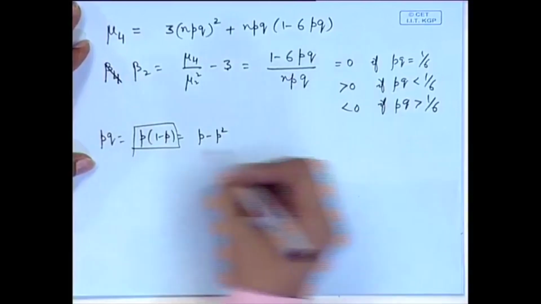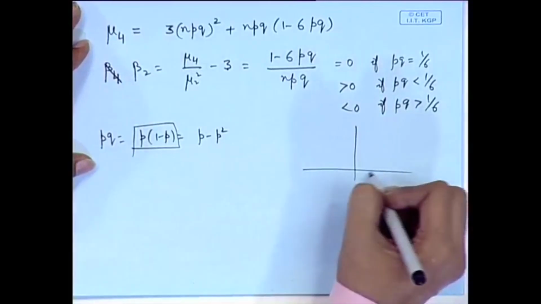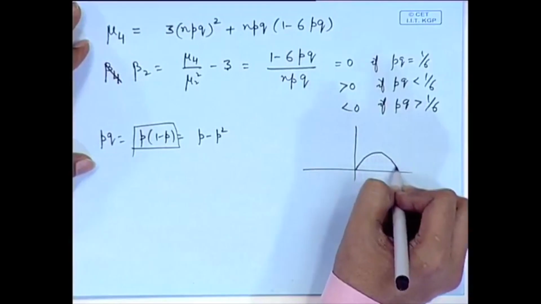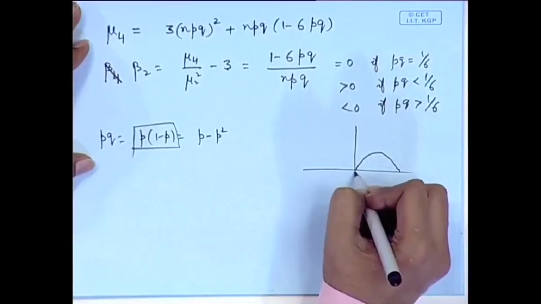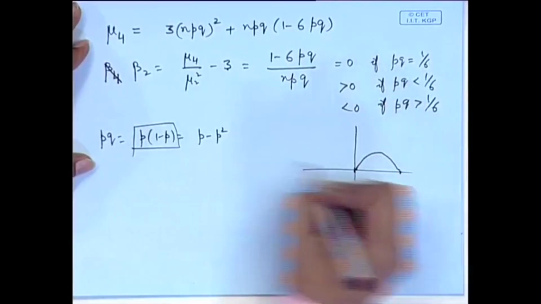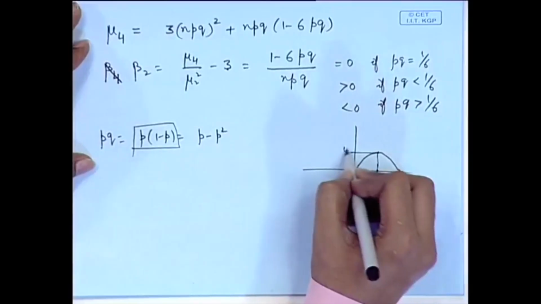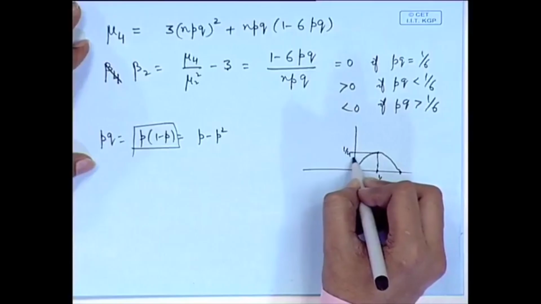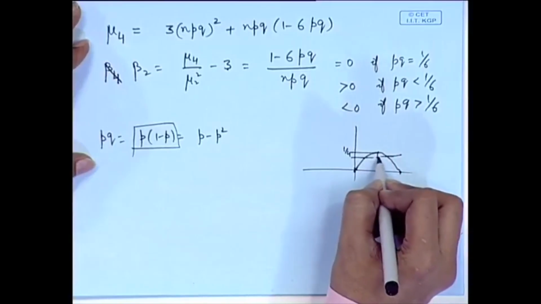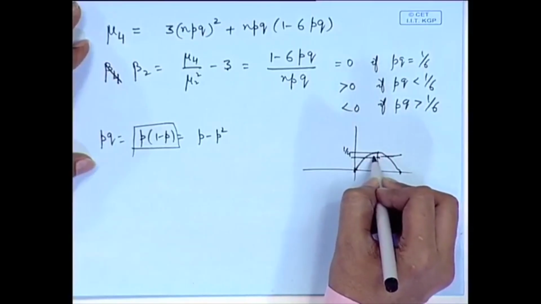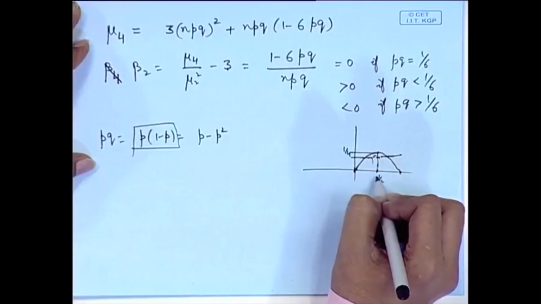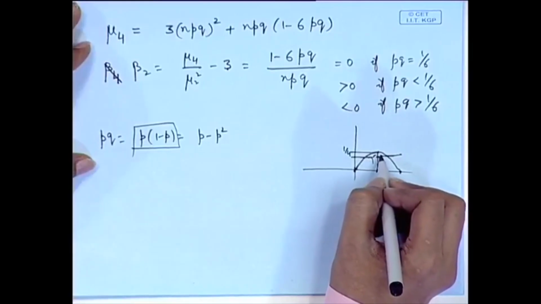So, it is basically a concave function p into 1 minus p, it is like this, at p is equal to 0 and p is equal to 1 it is 0, and at p is equal to half the value is equal to 1 by 4. So, naturally it is possible that the value of p into 1 minus p can be greater than 1 by 6, equal to 1 by 6 or less than 1 by 6.